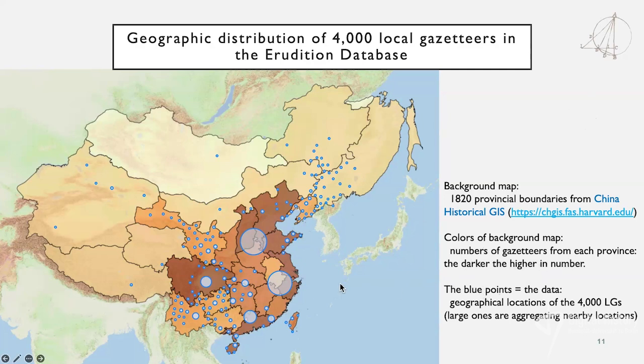But the actual data is the blue points. You can see there are bigger circles and smaller circles, but basically they represent the geographic locations of the 4,000 gazetteers. The larger ones simply mean that nearby smaller points were aggregated to form a bigger cluster. And if you zoom in, they will break down and you can see the actual points.